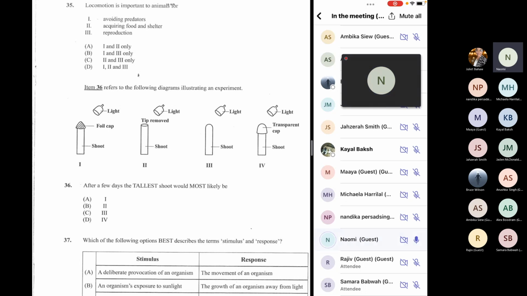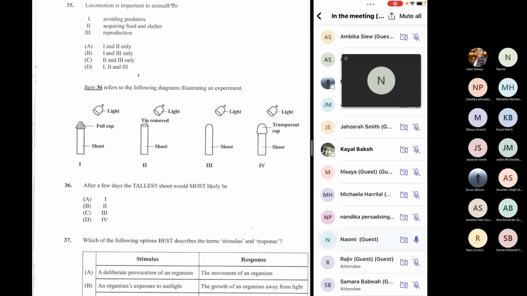Which one has the minimum? The foil cap. Wait, no, that would have more. That will bounce back and reflect the light. Foil is something that will reflect the light, so you're not getting no light.